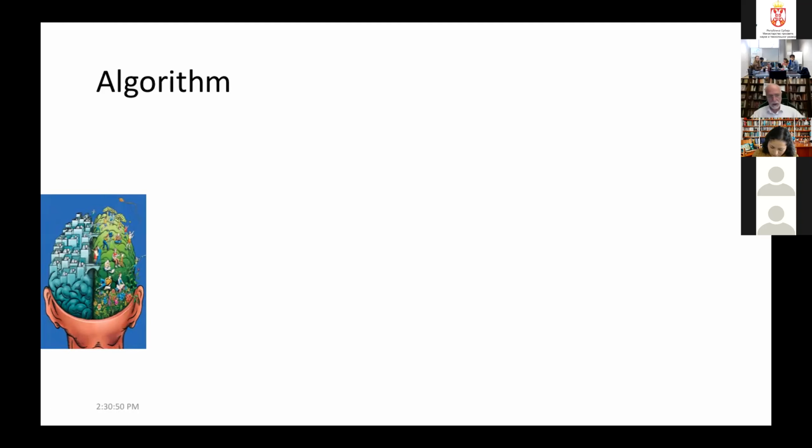The left one is orderly, about logic, about language, about systematization, mathematical thinking. And the right one is about music, about arts, about colors. And you have to connect them.